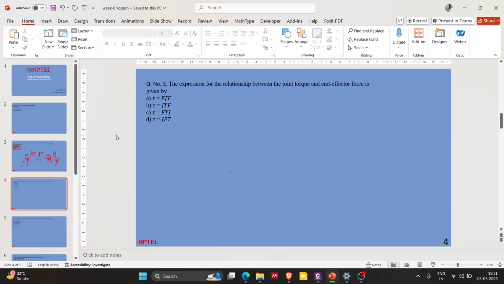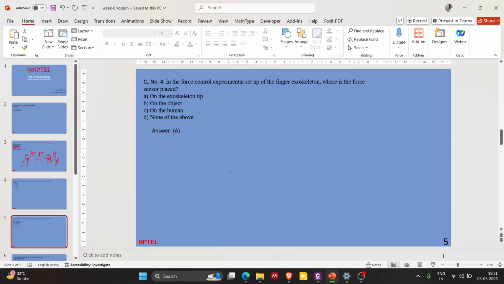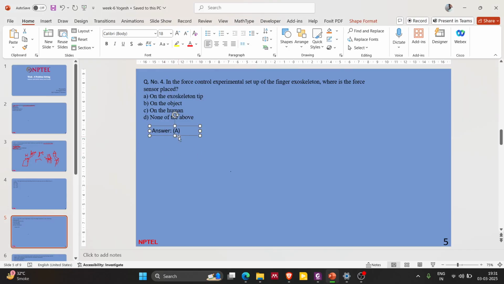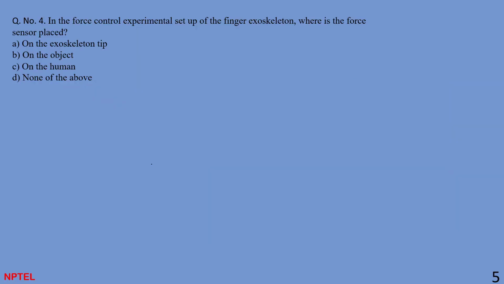I don't have to give much more explanation because this is one of the basic questions. Next: in the force control experiment setup for the finger exoskeleton, where is the force sensor placed?